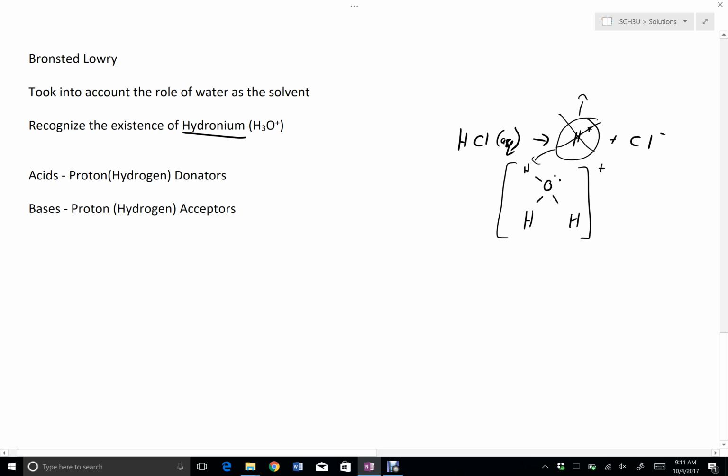Within that, then, they reframed the idea of acids and bases as acids being things that donate protons to water, and bases being things that accept protons from water. And keep in mind here, hydrogen and protons, that's the same thing, right? Because a hydrogen is just one proton.